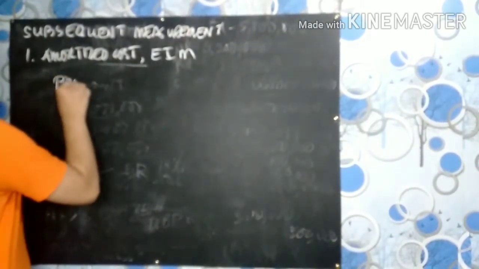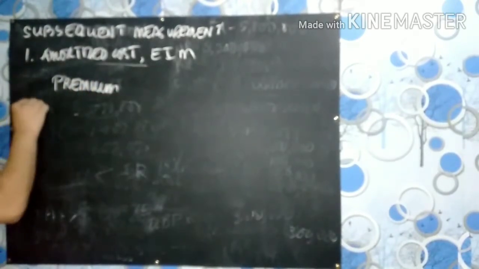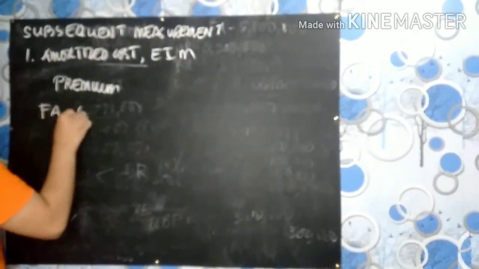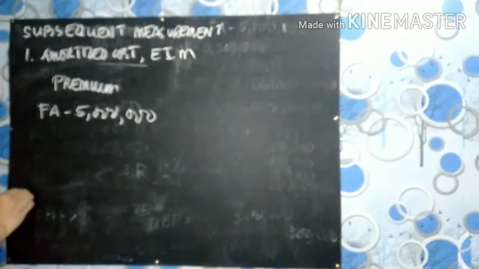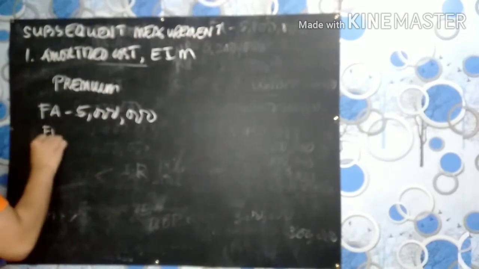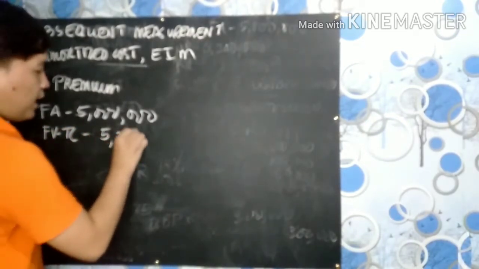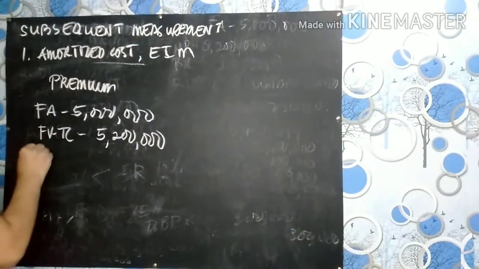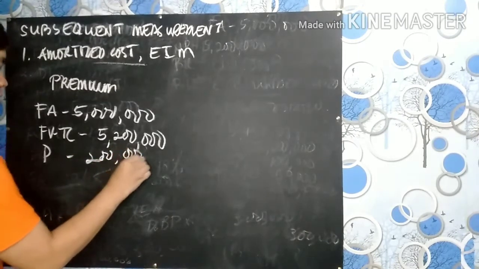Premium. Okay. Face amount, same, 5 million. However, fair value less transaction cost is 5,200,000. Premium is 200,000.